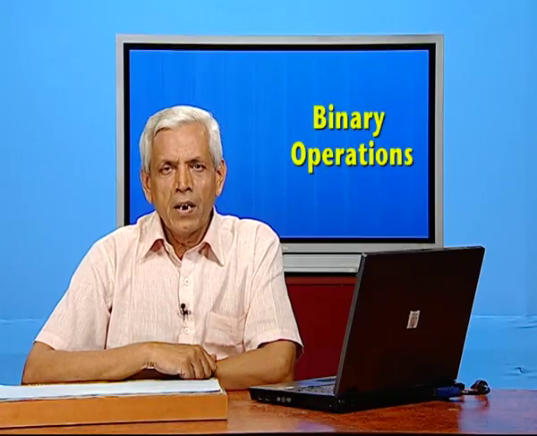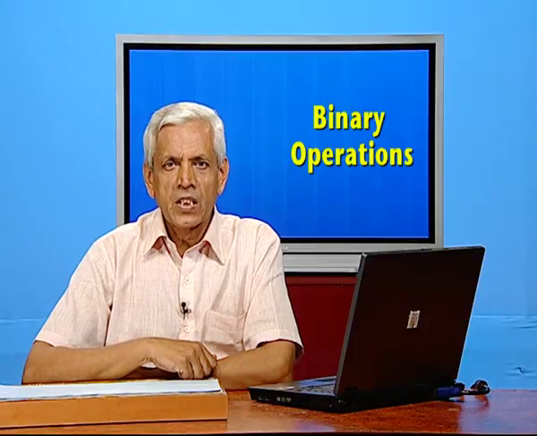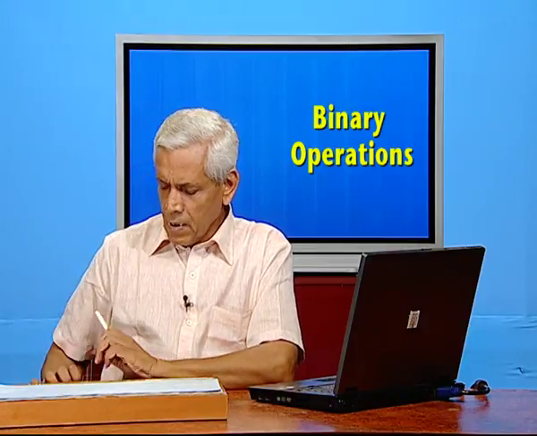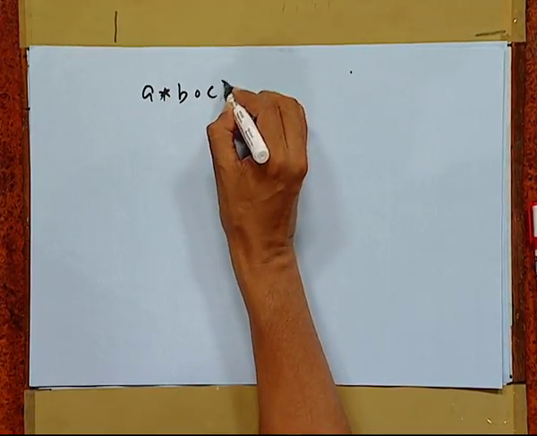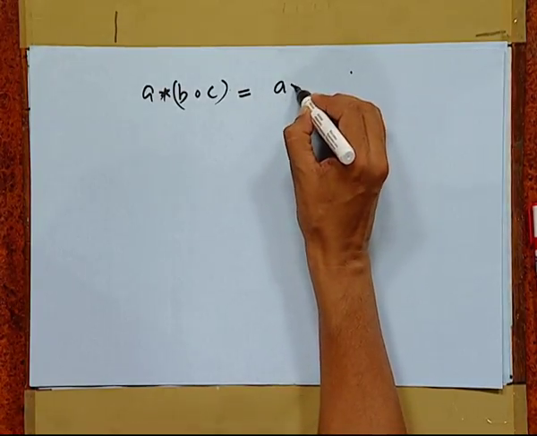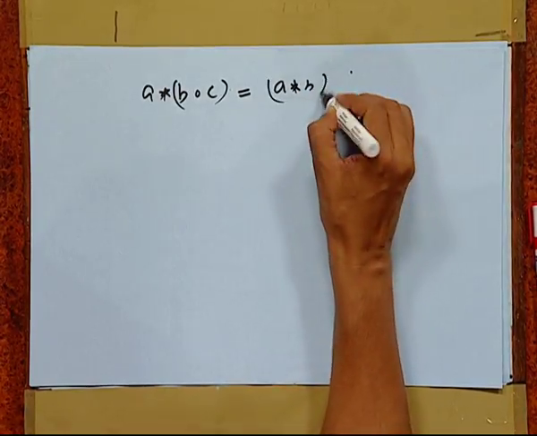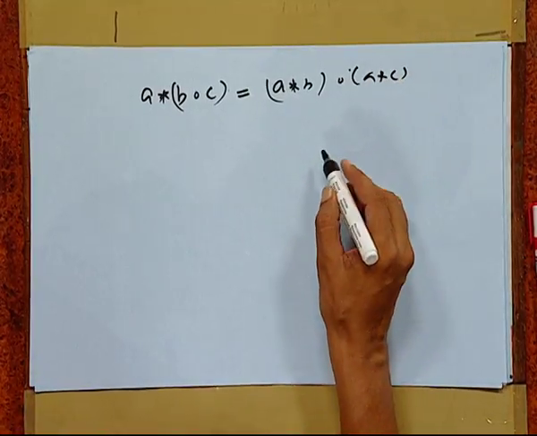For the last part, we have to show that star is distributive over O. For this, we have A star (B O C) is equal to (A star B) O (A star C). This we have to show.